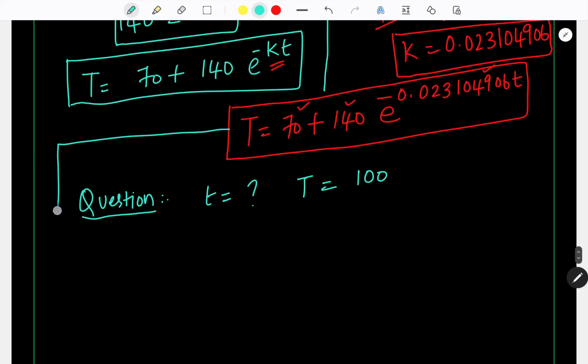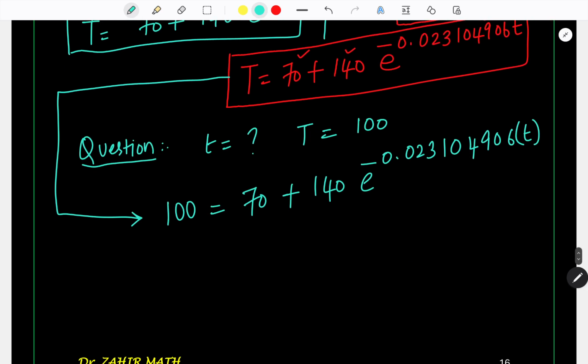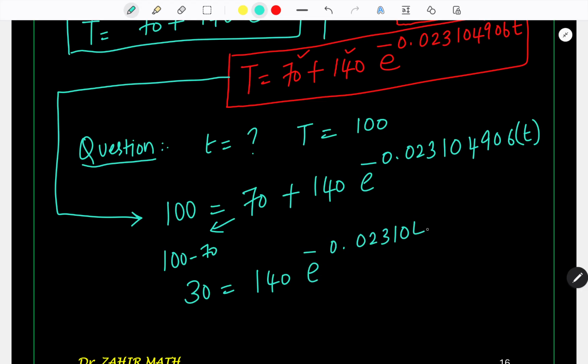So we'll go back to this equation. T is 100 equals 70 plus 140 e power minus 0.023104906 t, and t is your x. Let me simplify because it's again a big number. So I'll bring here 100 minus 70, which is equal to 30, equals 140 e power minus 0.023104906 t.